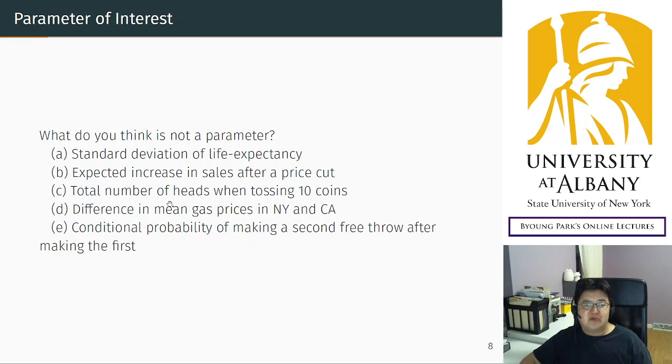C, total number of heads when tossing 10 coins. D, difference in mean gas prices in New York and California. E, conditional probability of making a second free throw after making the first in basketball. If you'd like to estimate these 5 things, one is not working. One you cannot estimate. What is that?